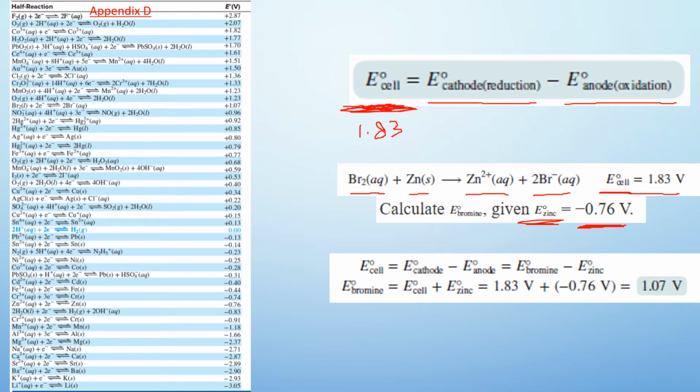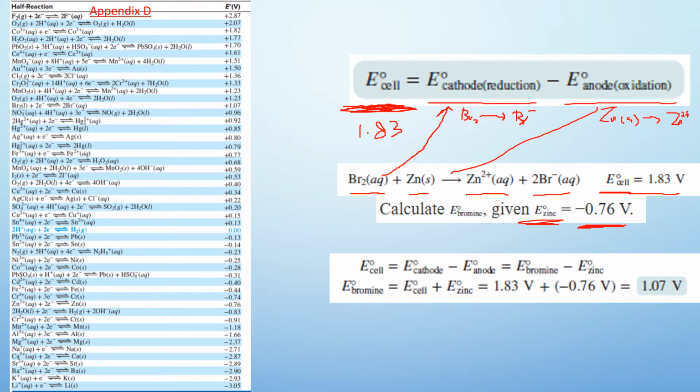So bromine goes to bromide, and that is a normal reduction, at the cathode. And the anode is the oxidation, where solid zinc becomes zinc 2 plus.